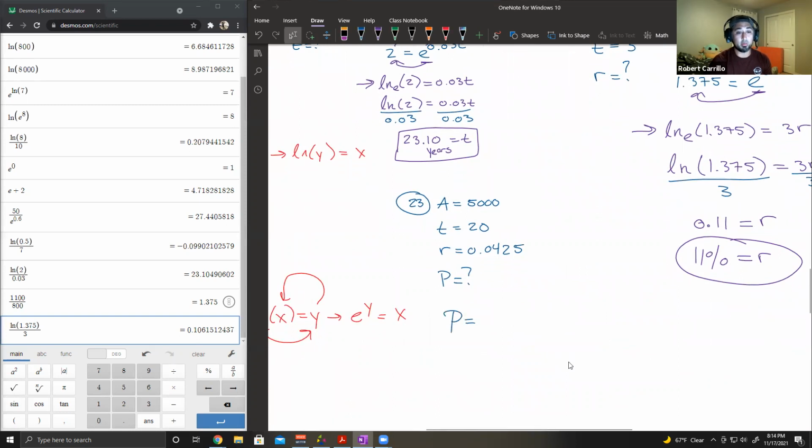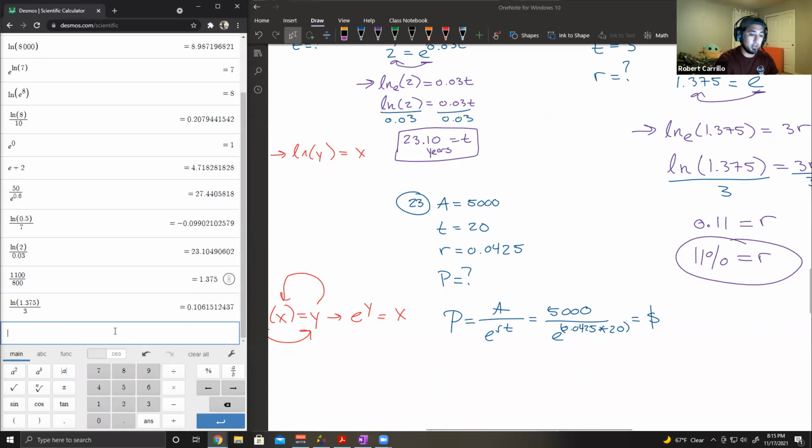P equals A over ERT, and you get 5,000 over E raised to the 0.0425 times 20. Okay. Now type it in just like I wrote it.